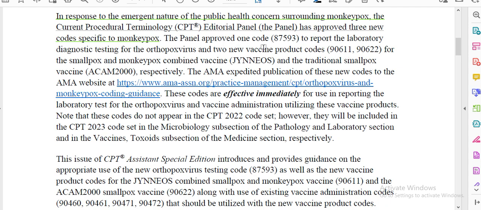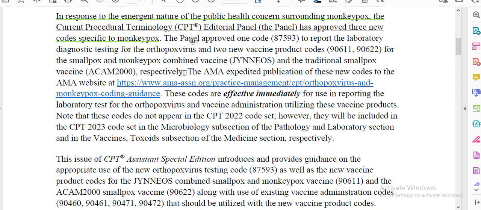The panel approved one code, 87593, to report laboratory diagnostic testing for the orthopox virus, and two new vaccine product codes, 90611 and 90622, for the smallpox and monkeypox combined vaccine and the traditional smallpox vaccine respectively.